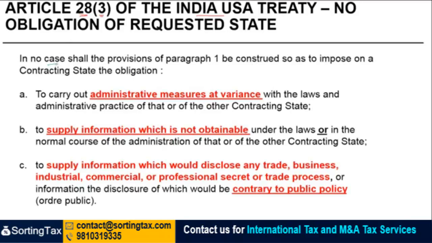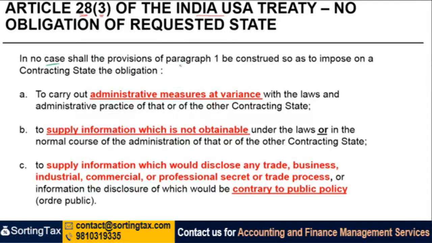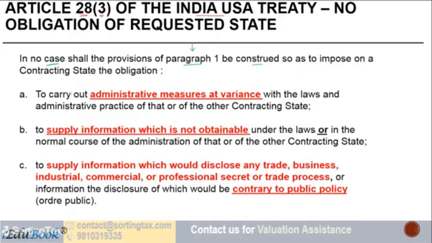In no case, which means under any circumstances, shall the provision of paragraph 1, which is imposing an obligation on the state to share information, be construed so as to impose on a contracting state the obligation.